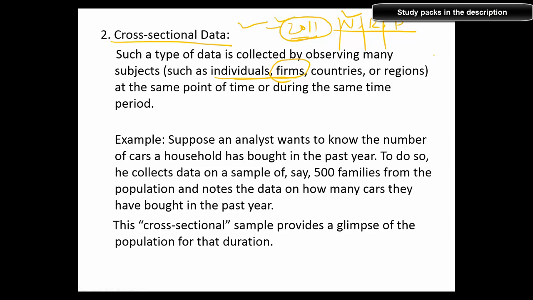Whereas in time series, you have one variable and multiple time periods. If you take only profit in 2011, profit in 2012, profit in 2013, then you call this time series data. So this is how time series data is different from cross section data. We use multivariate statistics or regression in cross sectional data, whereas in time series data you will use univariate time series modeling.